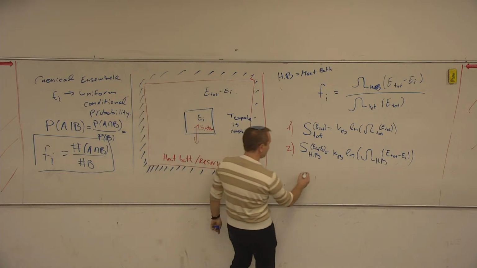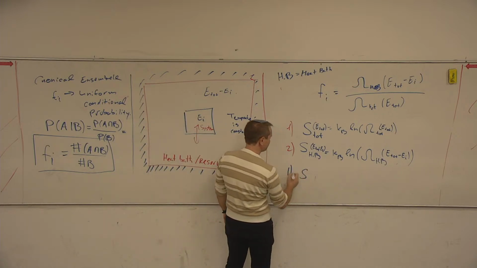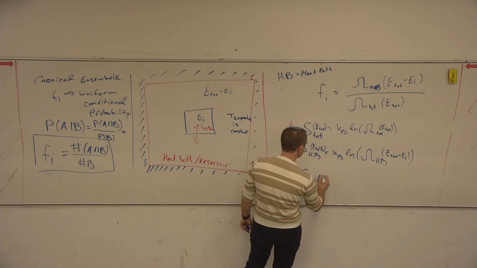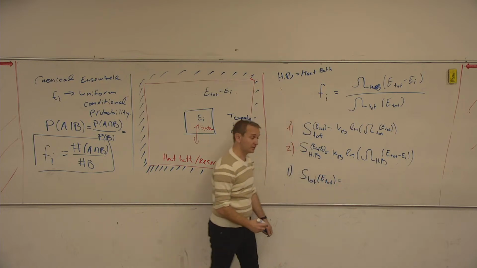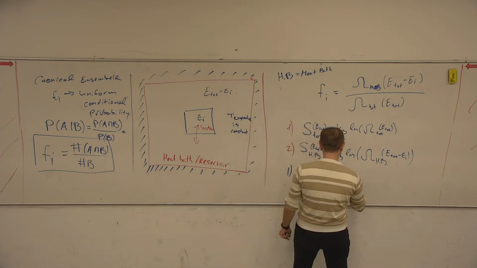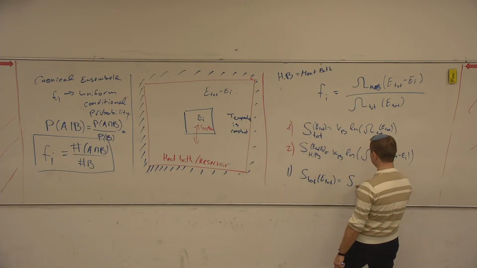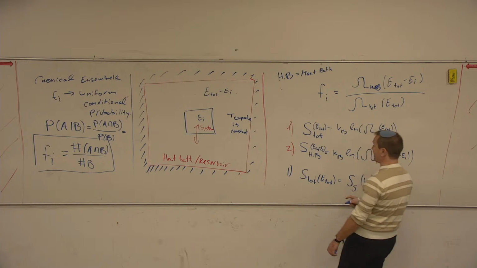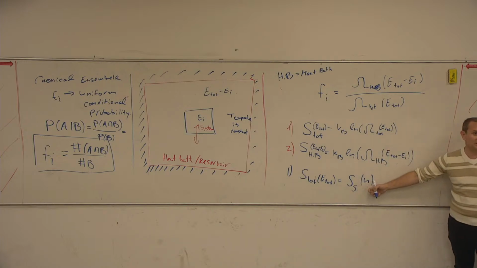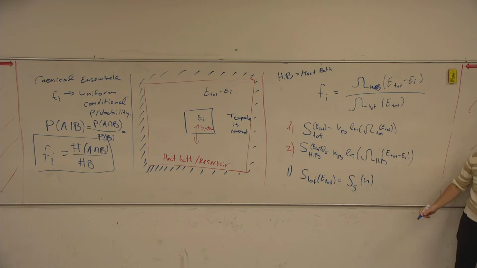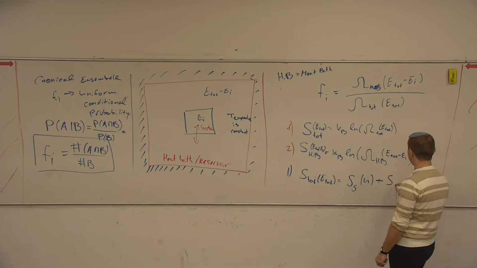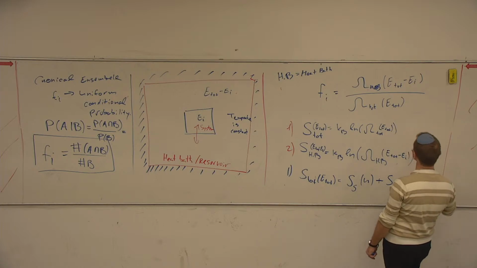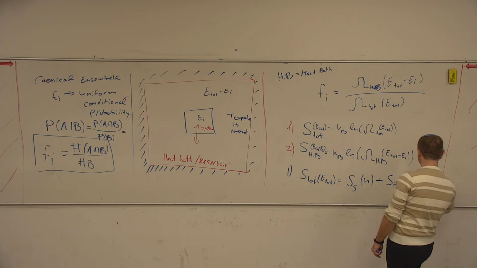So I'm saying that S total of E total can be described by S of system of some U, where U I'm assuming is the average energy, plus S of heat bath of E total minus U.